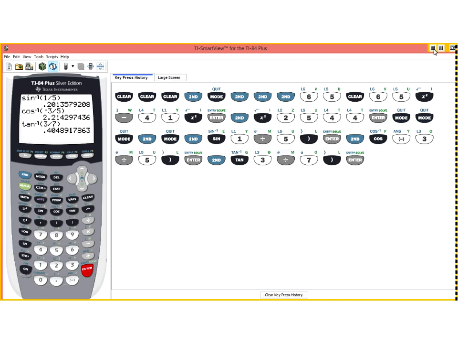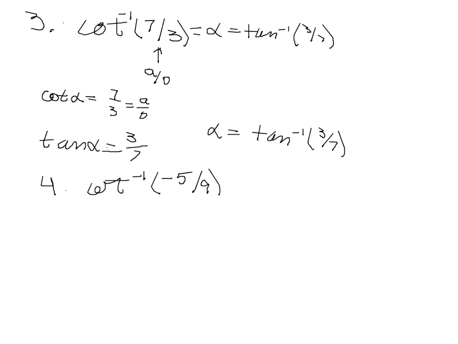That's 0.4049, and that's in radians, and that's the answer.